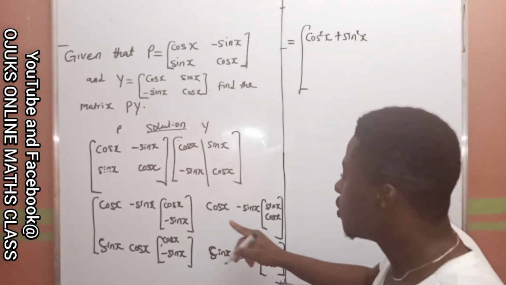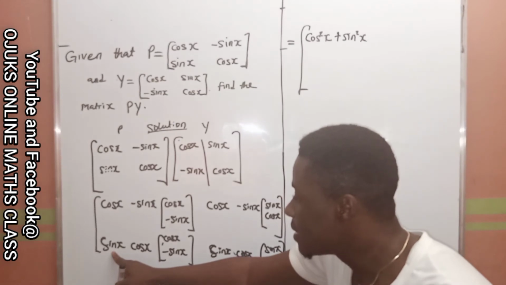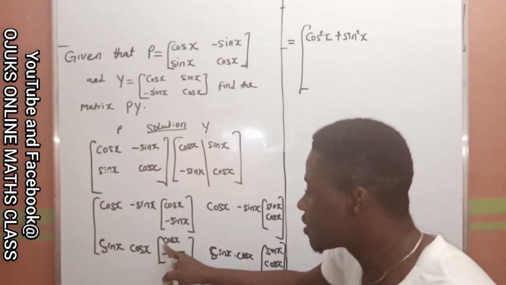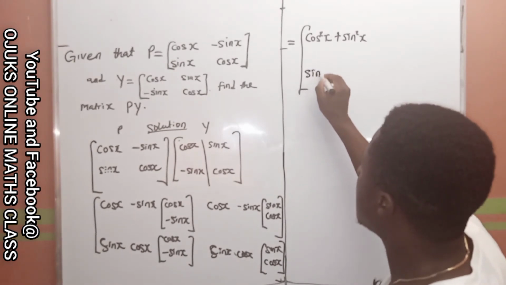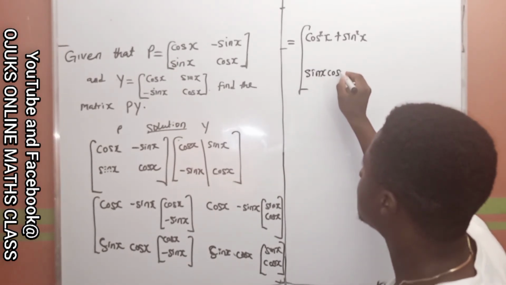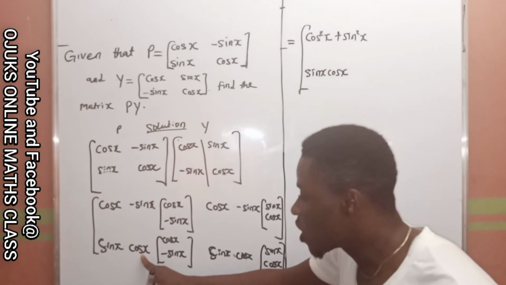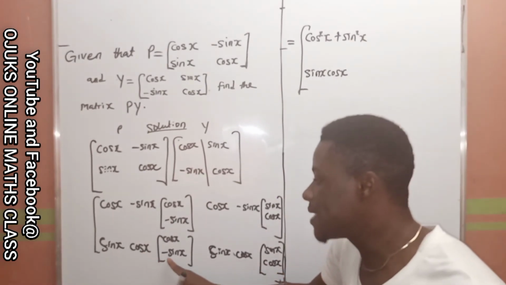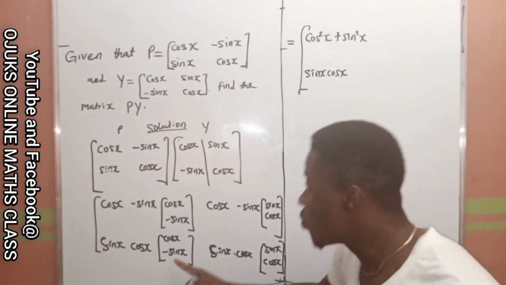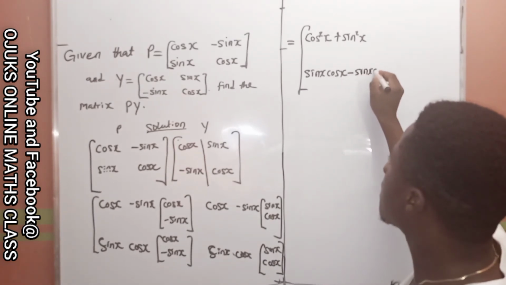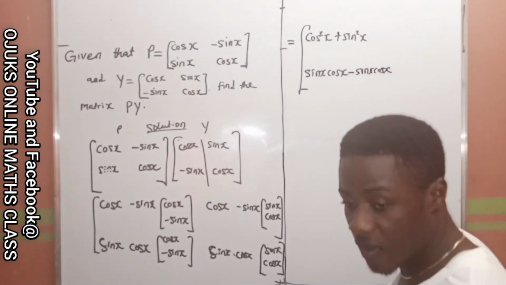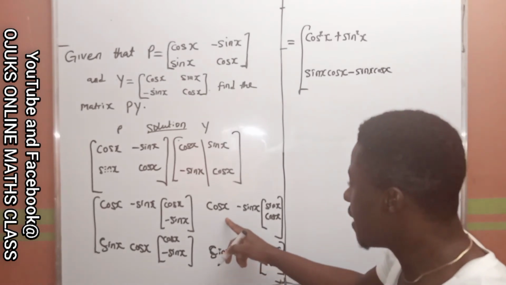Now continue. Sin x times cos x, we are having sin x cos x, then cos x times minus sin x, we are having minus sin x cos x. Then move over to here.